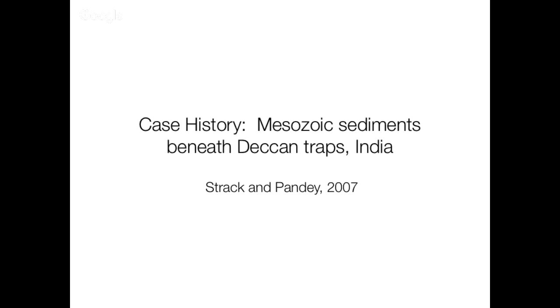The reason it might be true is that millions of cubic kilometers of basalt came out, and with it enough stuff to really alter the climate, so that animals could just die out with that.